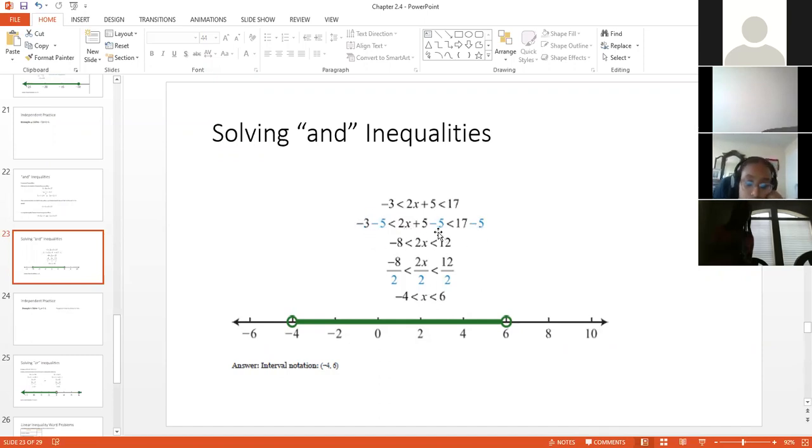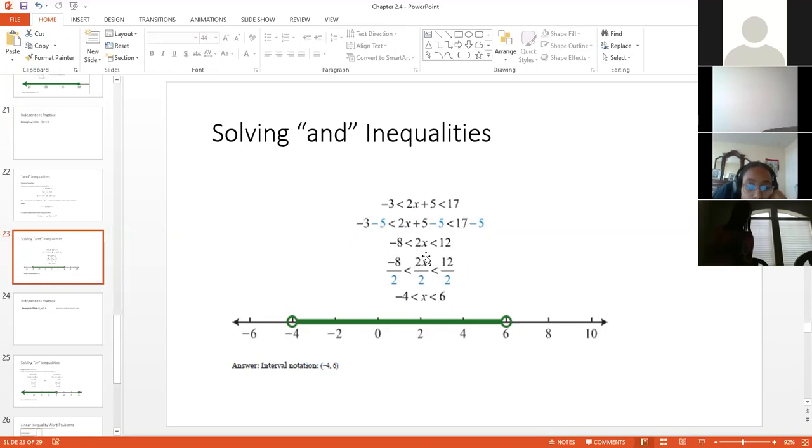Whatever you do to one, you do to all. After subtracting 5 from all the terms, the 5 cancels out, and you're left with 2x in the middle. In the left term, -3 minus 5 is -8. And 17 minus 5 is 12, so you have 12 in the right term.